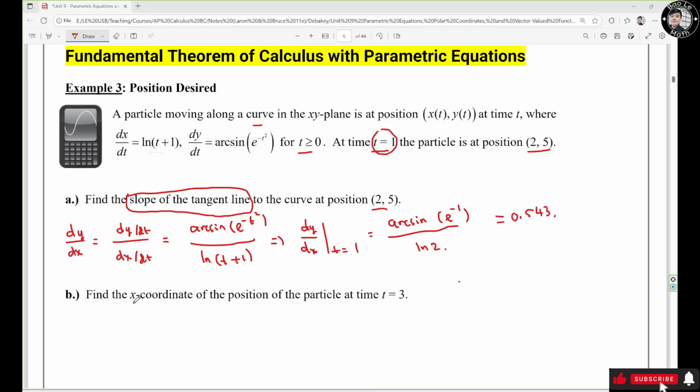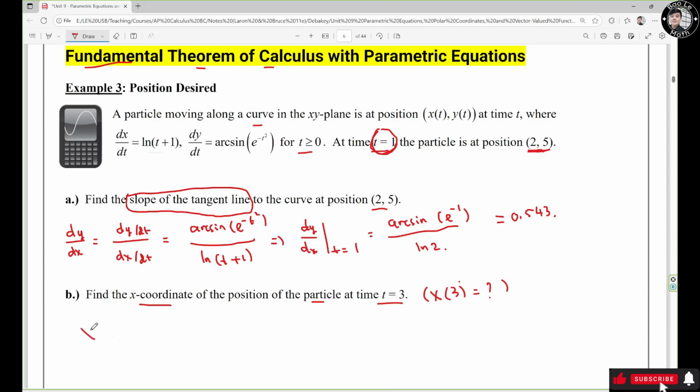Now let's move on to question B. Find the x-coordinate of the position of the particle at time t equals 3, which means s of 3 equals how much. Given t equals 1, you have the coordinate point right here. Now we need to use the fundamental theorem of calculus.